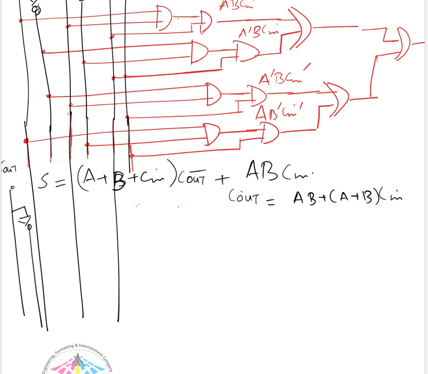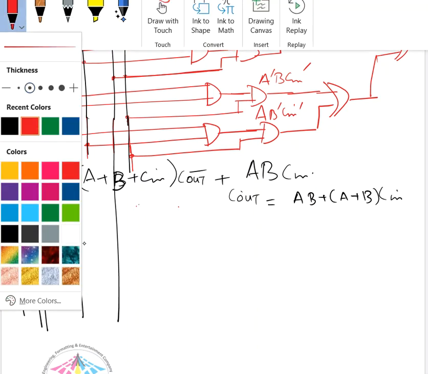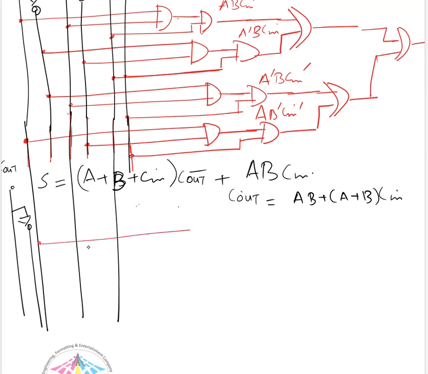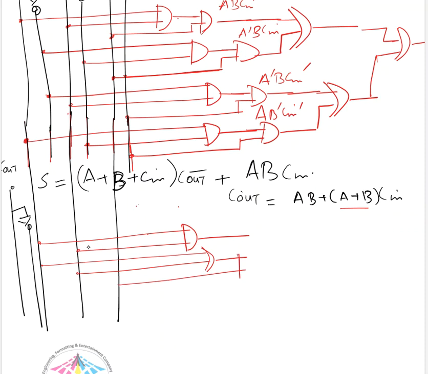So it would be A, B, so this is the first term generated, then A or B, this is what is generated, into Cn, and now both of these terms are generated, they have to be added together. So now we got C out here. Since this C out is also appearing here, we have to use the complement of it.